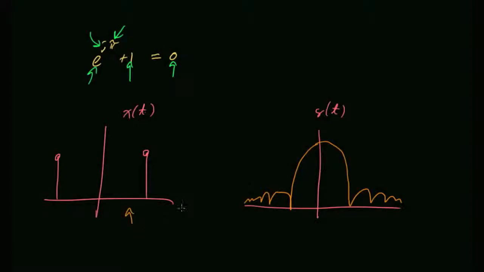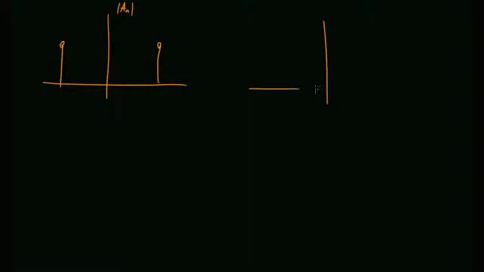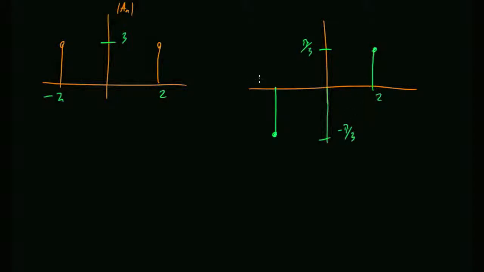If I show you 6 cosine 2t plus pi over 3 and say plot the cosine, that's a nice problem.